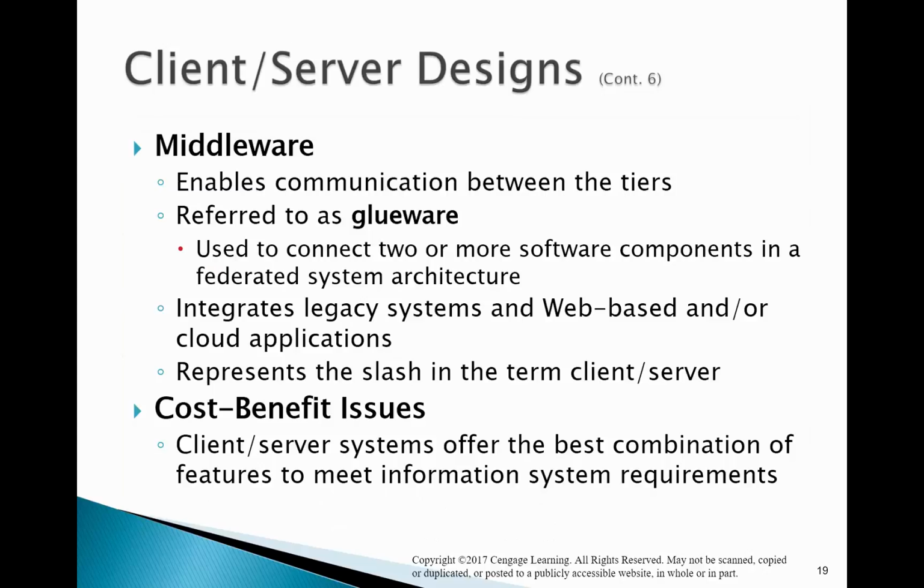Middleware. Let's see, this class is not using any middleware. If this was a CIS 243 class, then we have a product called My IT Lab that uses a Pearson product, and the way to connect Blackboard and My IT Lab is called middleware, sometimes known as glueware, but most of the time I've heard it called middleware.